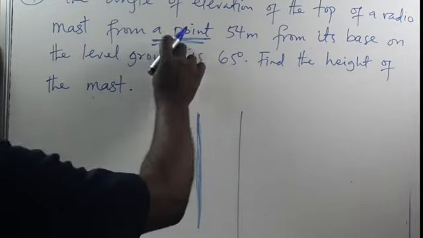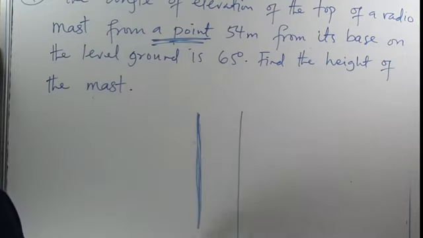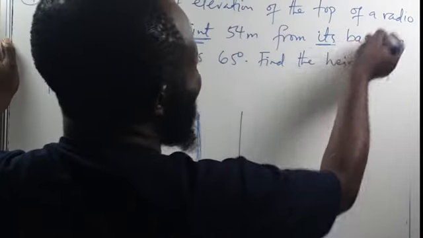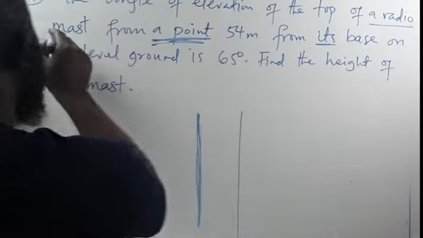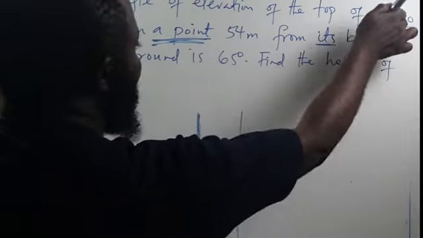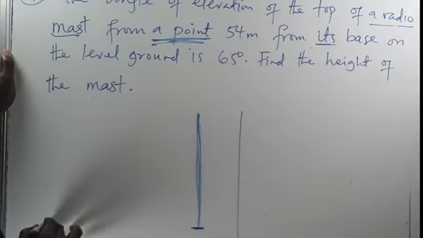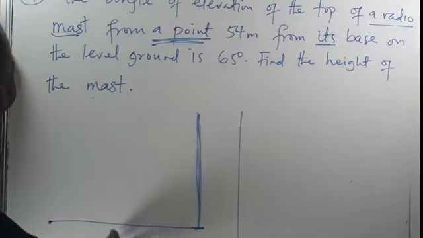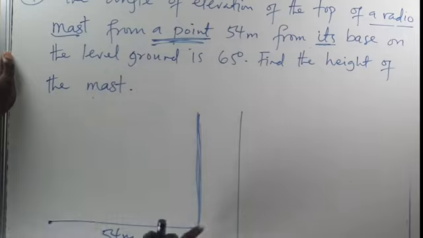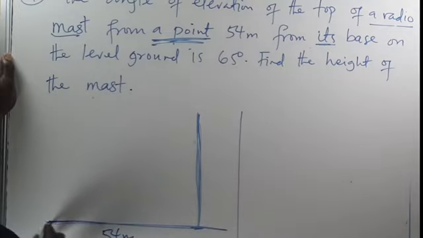That is, the point is 54 meters from the base of the mast, this is the base, and the point is 54 meters away from it. On the level ground, this is the level ground, right? Good. This is the point here.